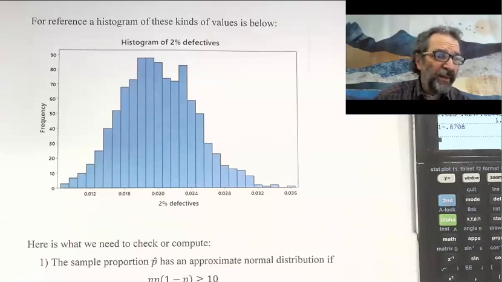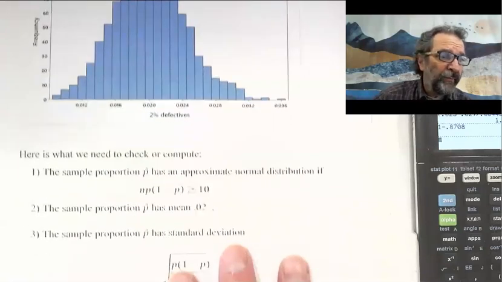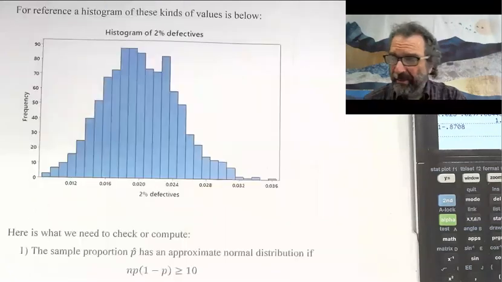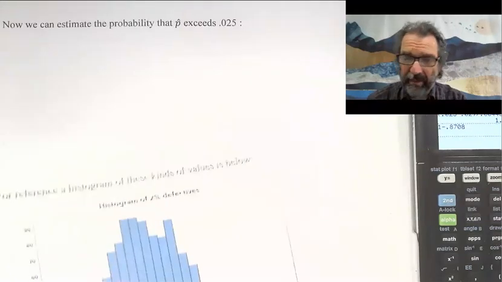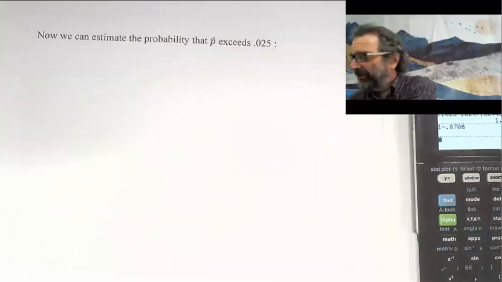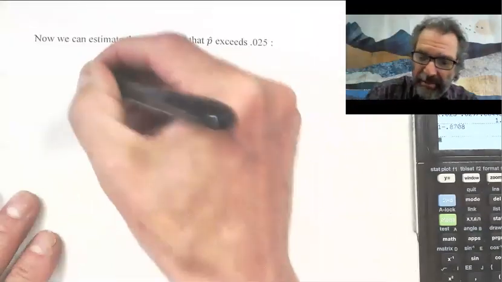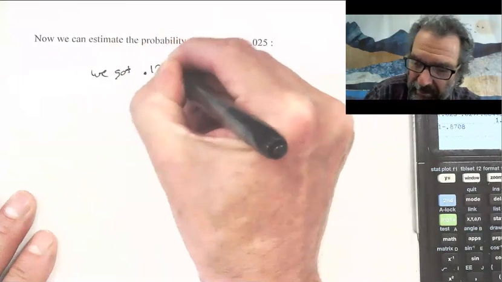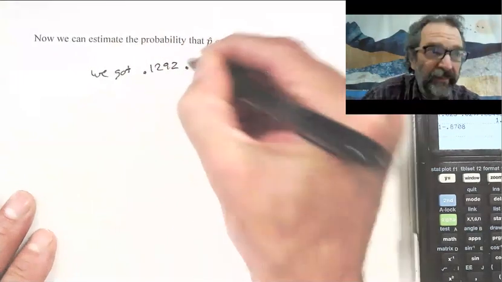And here's what we needed to compute. All right, and now what's it going to tell me to do? Oh, now we can do it. Well, we jumped the gun. We beat it to the punch. What did we get? We got 0.1292. Right.